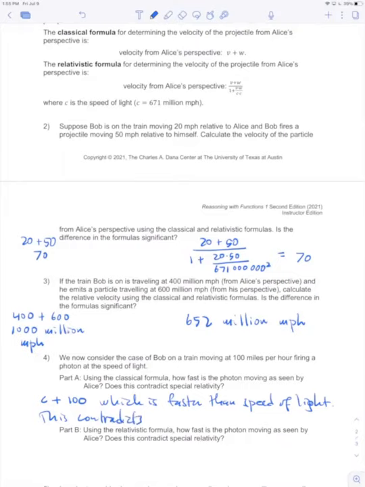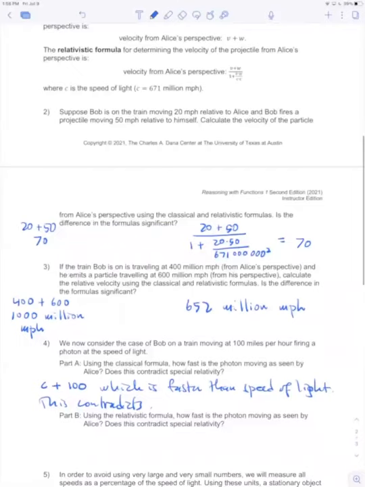So for part B, using the relativistic formula, how fast is the photon moving as seen by Alice? Does this contradict special relativity? Well, this is going to be 100 plus c for the speed of light, all over 1 plus 100 over c times c over c.